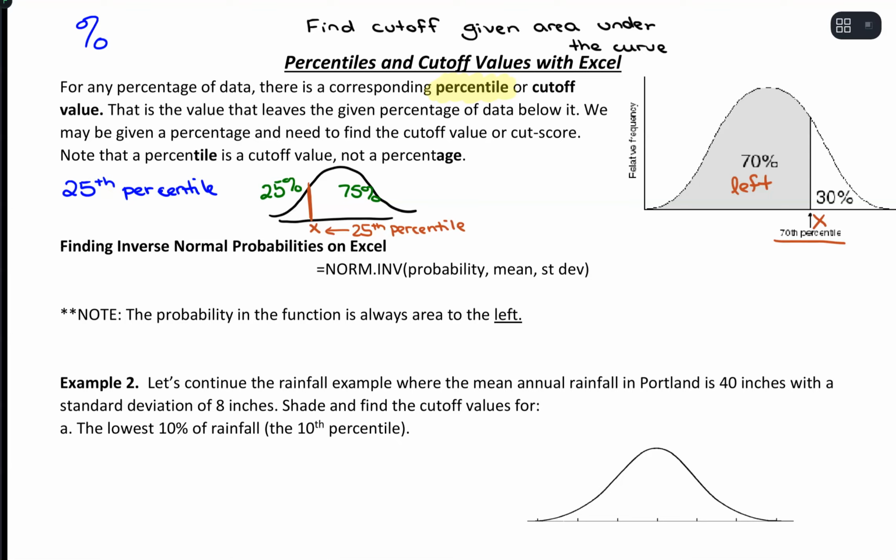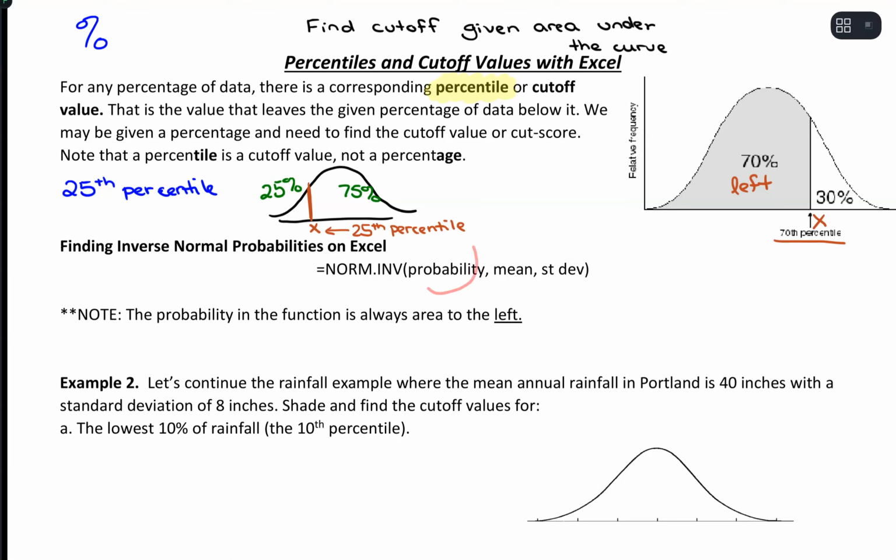So this is called inverse normal probabilities, like I said at the beginning. In that last video, we saw how to do normal distribution calculations, finding probabilities. In this video, we're switching it around. That's the idea of inverse: we're inverting what we just did. The function that we'll be using within Excel is equals NORM.INV, so it's a normal inverse.